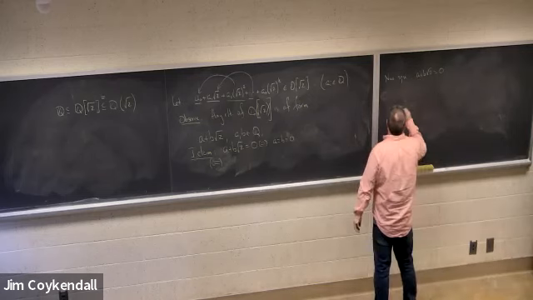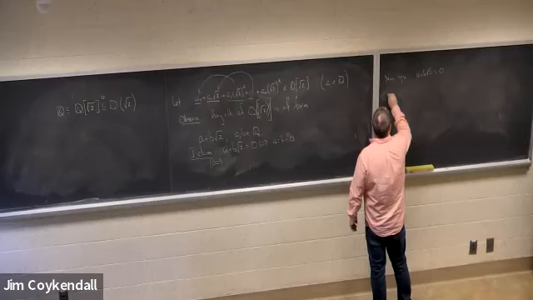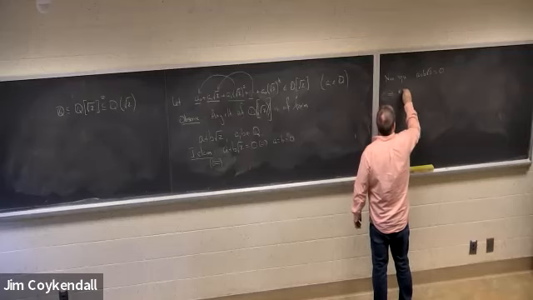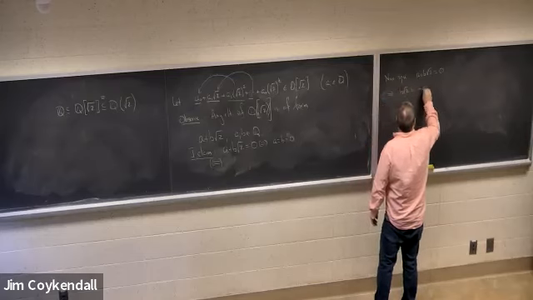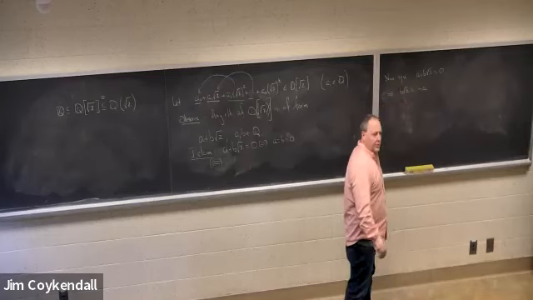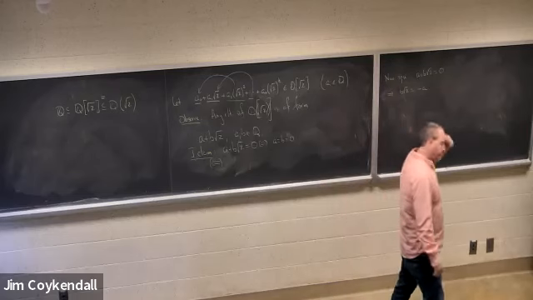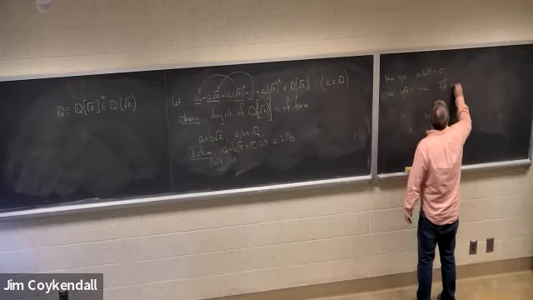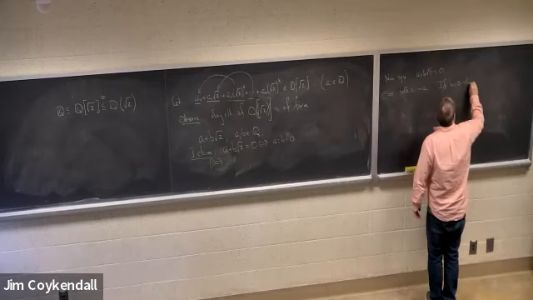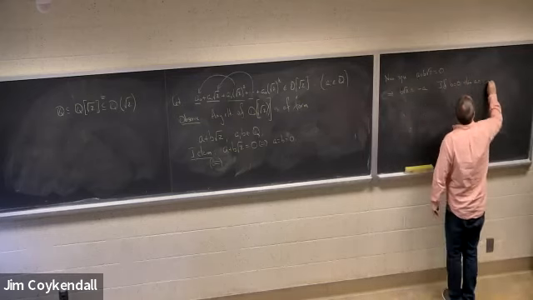This means that B radical 2 is negative A, right? So let me observe now, if B equals 0, then A equals 0 and done.